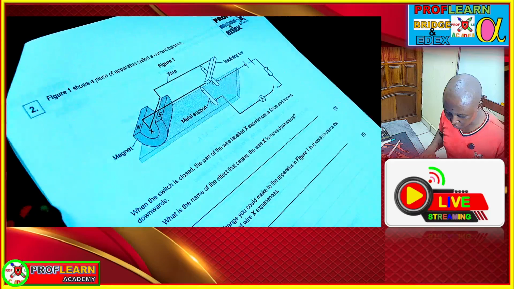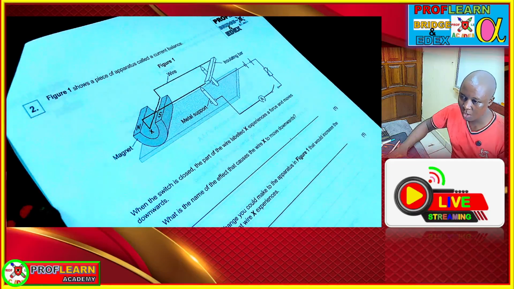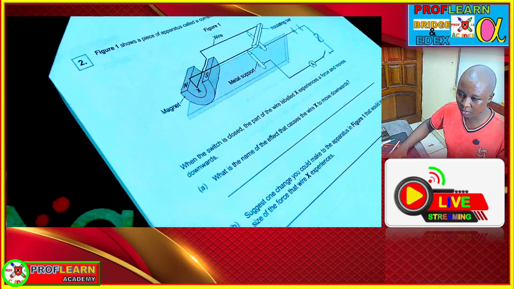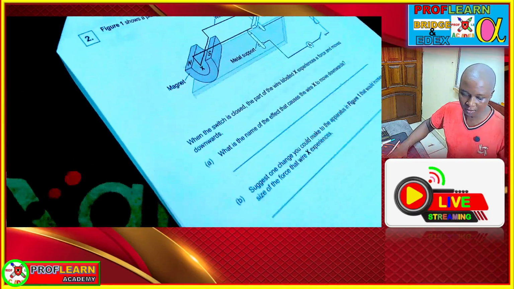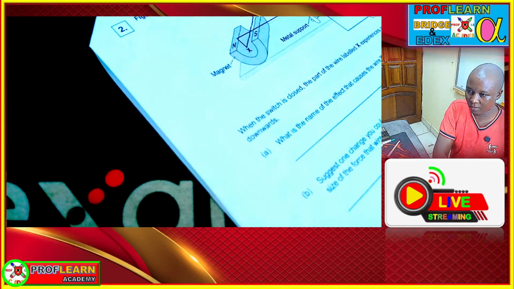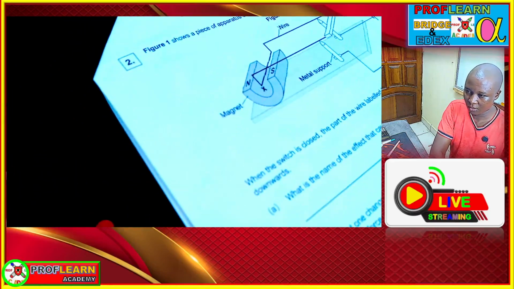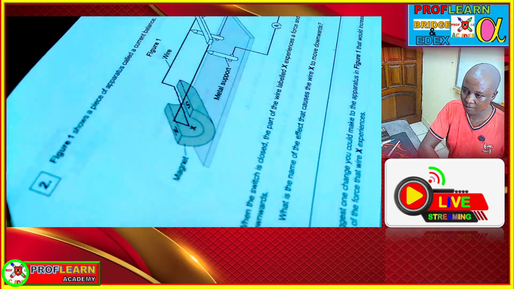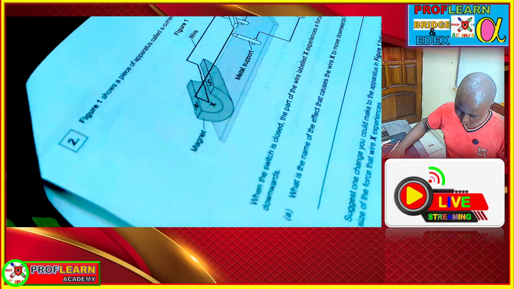So let's dive in so that we can see in question 2 what we are supposed to say and how we are supposed to approach this one. Let's see what we can do. We have a simple setup, a very interesting setup.